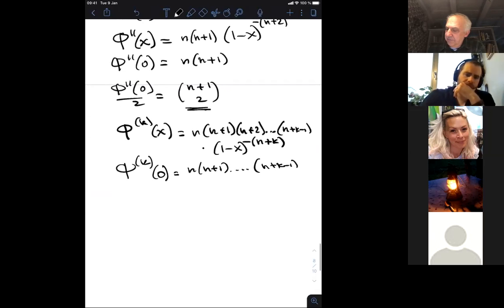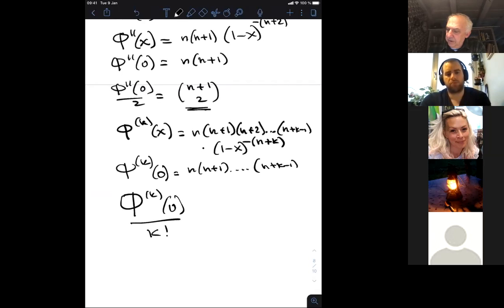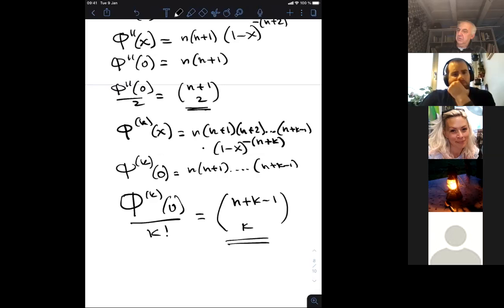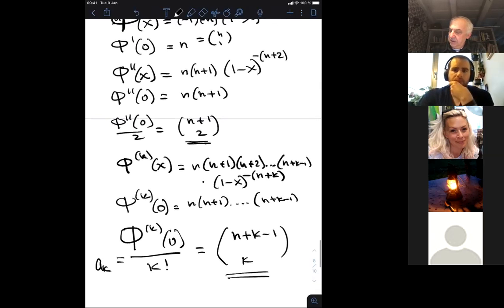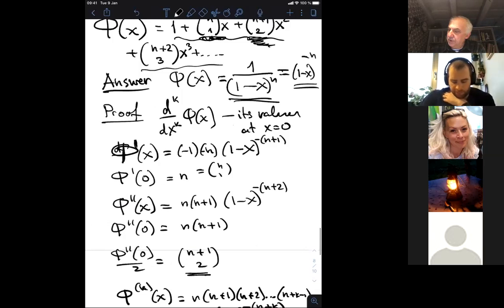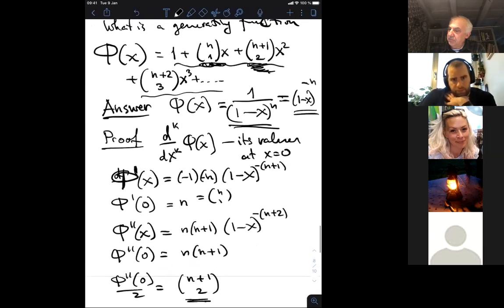If we divide the value of the kth derivative at the origin by k factorial, this would be exactly the binomial coefficient n plus k minus 1 over k. And that's exactly what we want. So this is the kth coefficient in the series of numbers which we are generating.